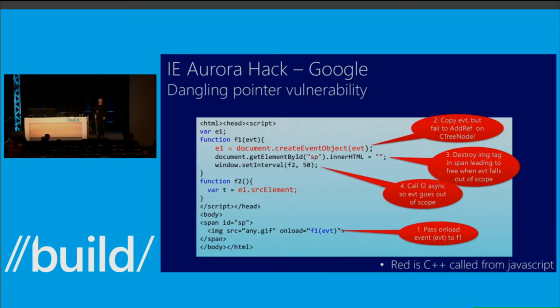Then what we're going to do is set up an asynchronous event here. After event goes out of scope, we're going to have a dangling pointer, which is in E1. And E1 is pointing off to what used to be the image, but its vtable's corrupt. So right here, bang, you're gone. So that's a classic use after free.